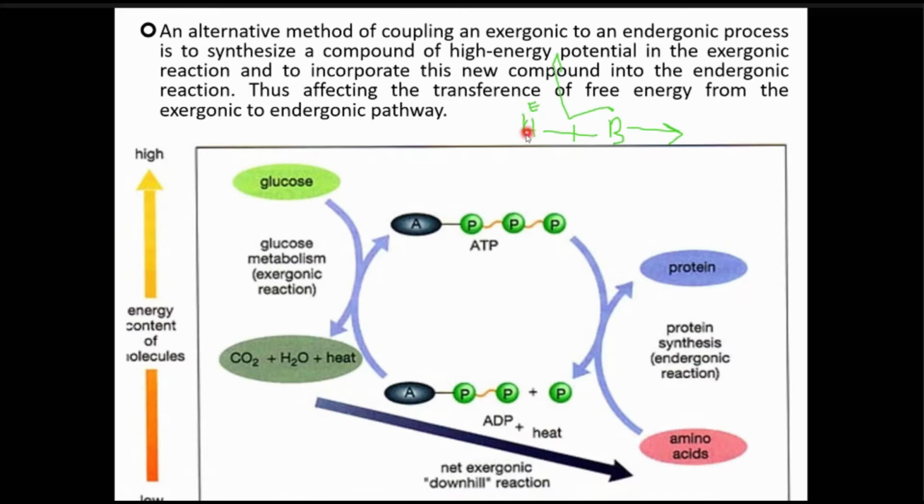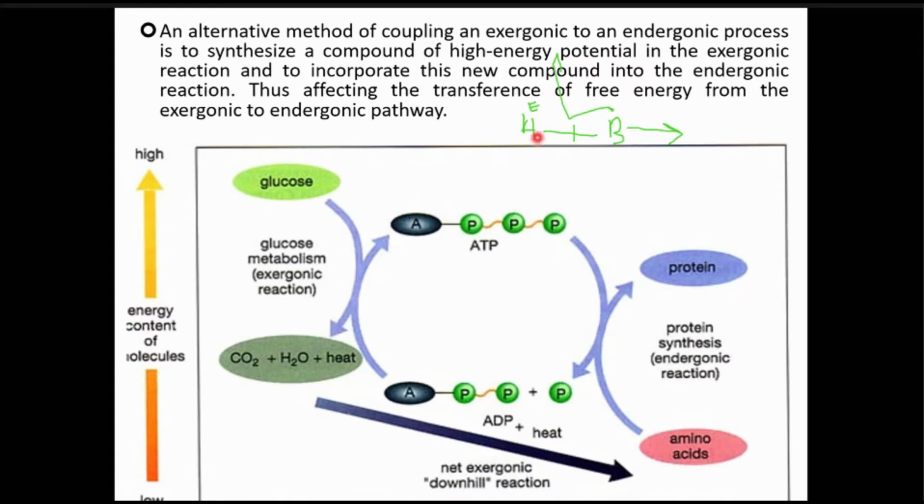This is your exergonic reaction, A. If you make ATP from A, then this ATP will be used for the endergonic reaction in order that B works.